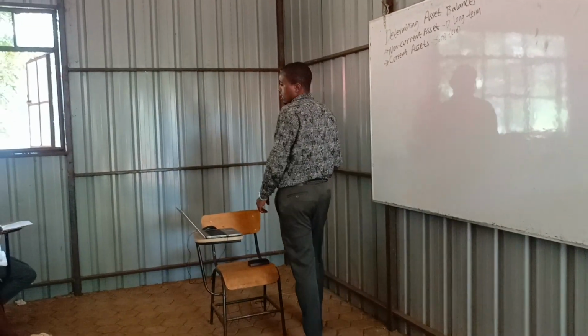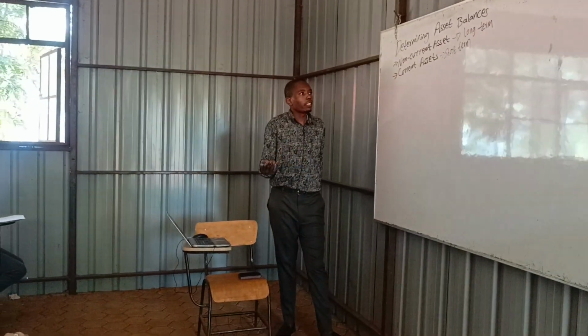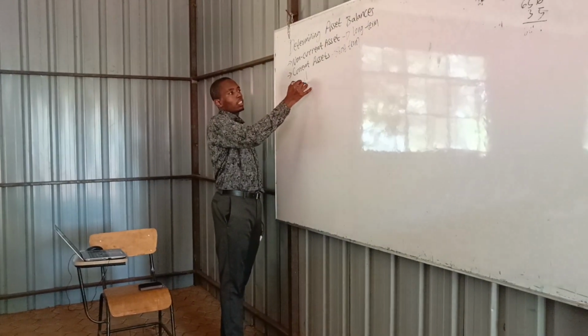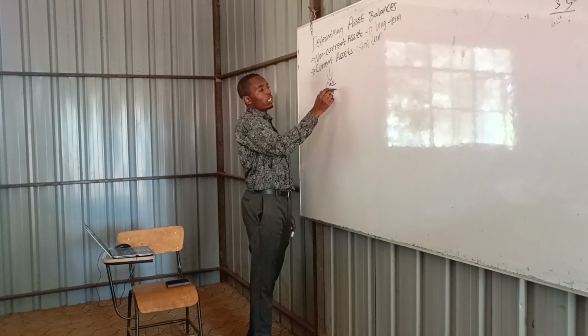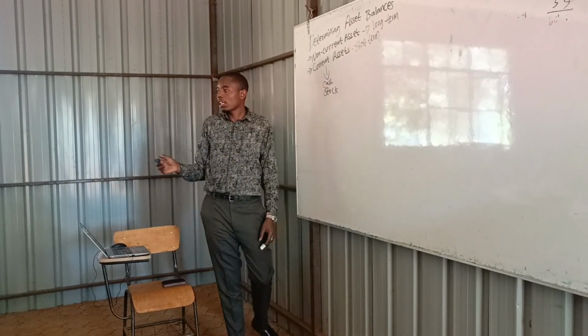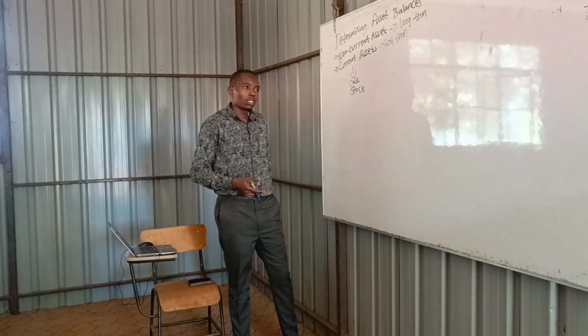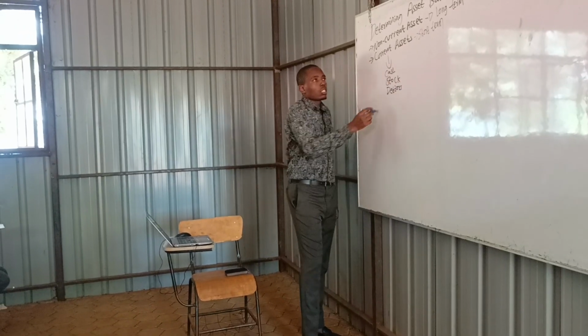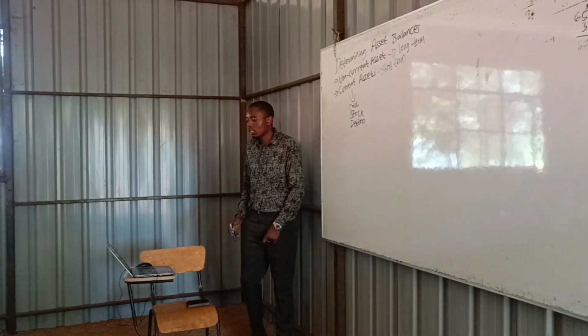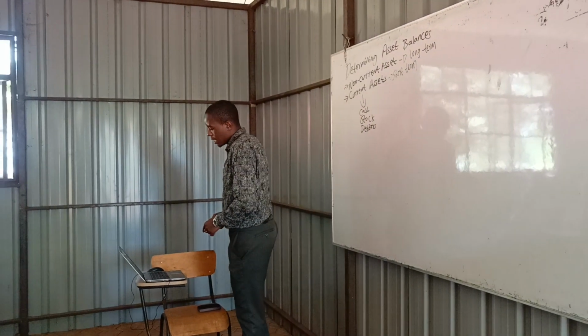Yes, premises, furniture and fittings. Current assets we have like cash, we have stock, and another example, debtors. But today we'll focus on the non-current assets.